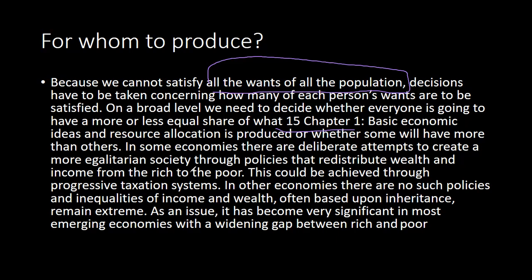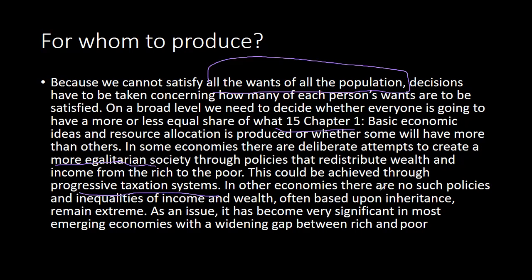In some economies, there are deliberate attempts to create a more egalitarian society through policies that redistribute wealth and income from the rich to the poor. This could be achieved through a progressive taxation system.